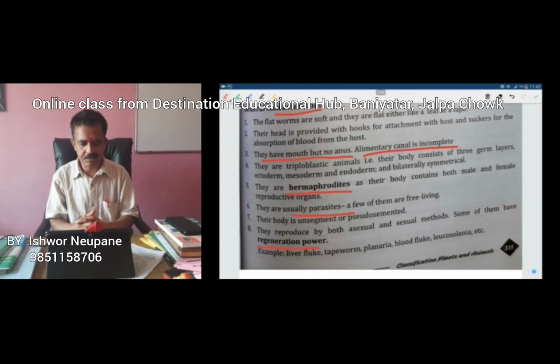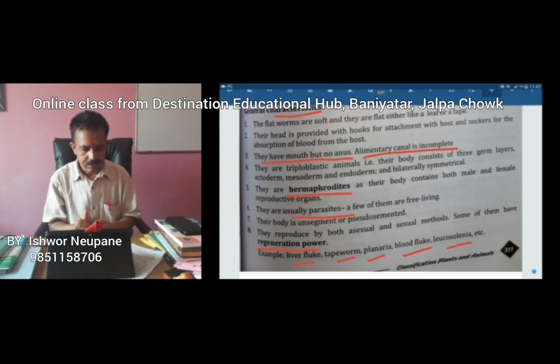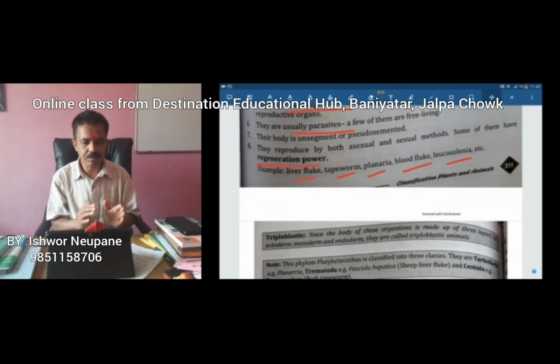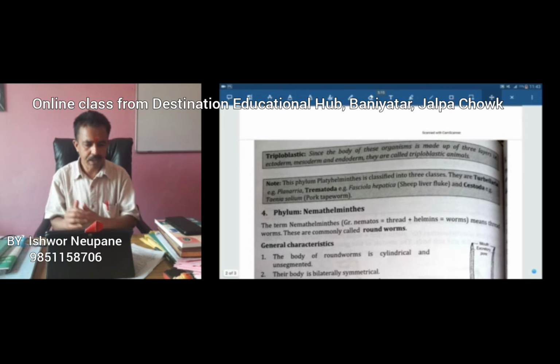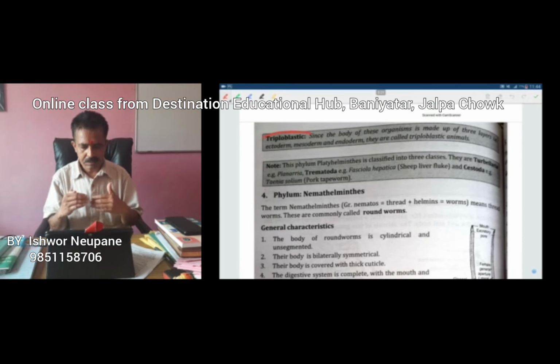Isn't that interesting? So that is regeneration. How many important characteristics we have written? 4. Number 1, they are hermaphrodites. Male reproductive organ and female reproductive organ is present in their body. They have mouth, no anus. They are parasites and they reproduce by regeneration method.